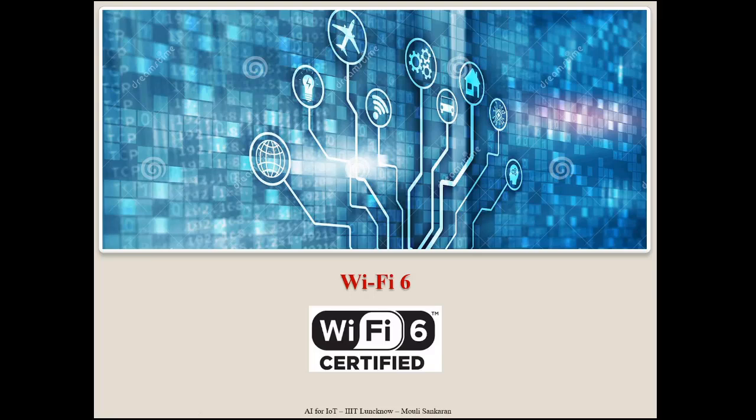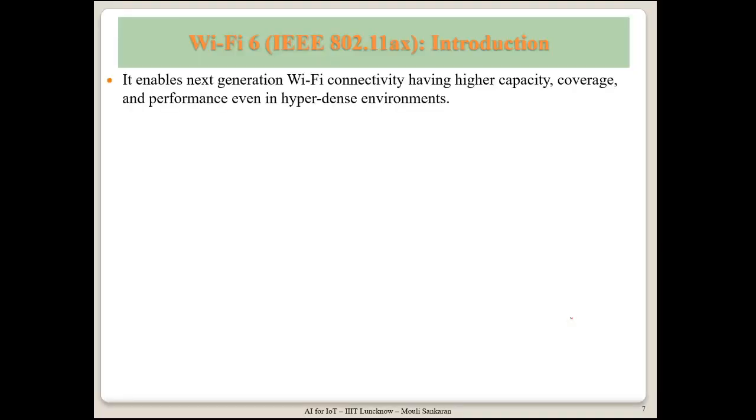Okay, Wi-Fi 6. This is the latest and greatest Wi-Fi technology, which is meant for IoT. This standard has come up taking care of the IoT requirements. Let me explain why and how it is helping.